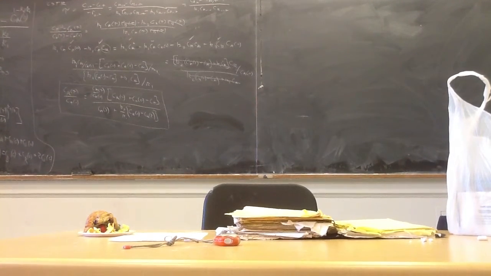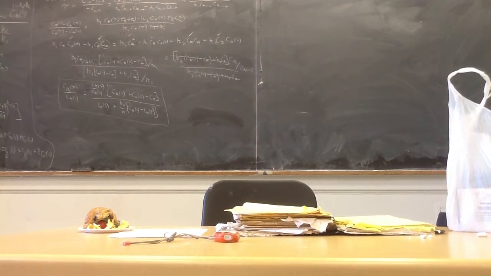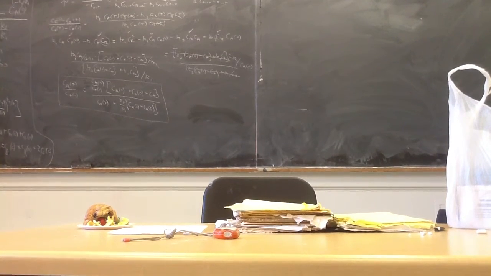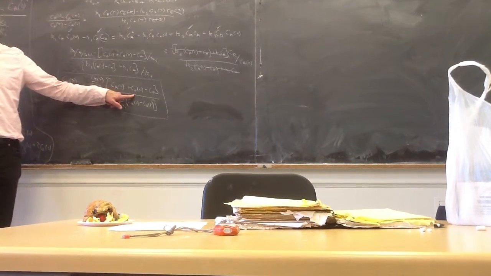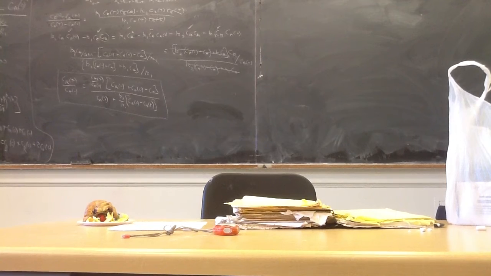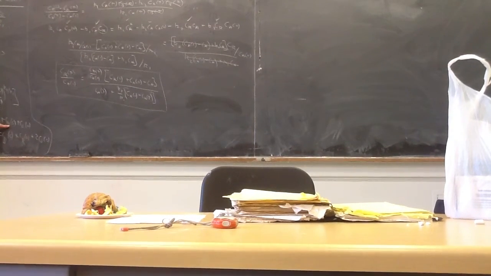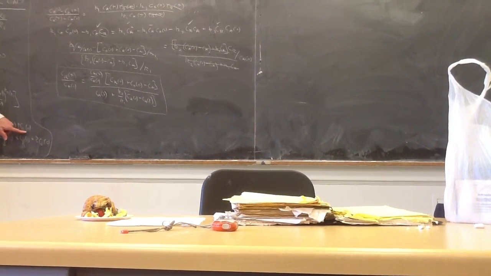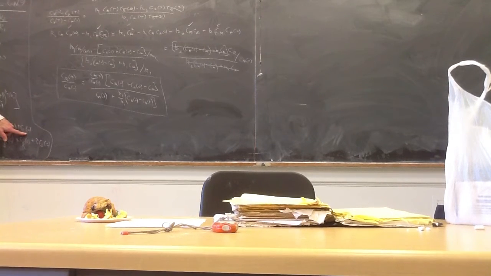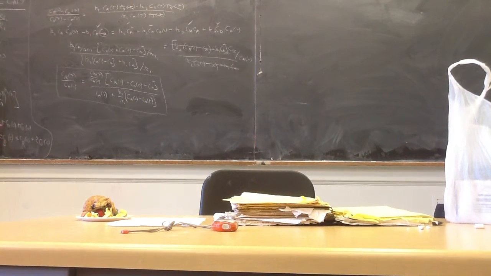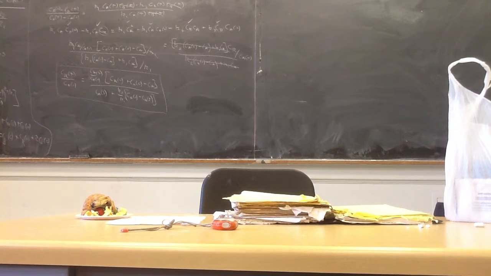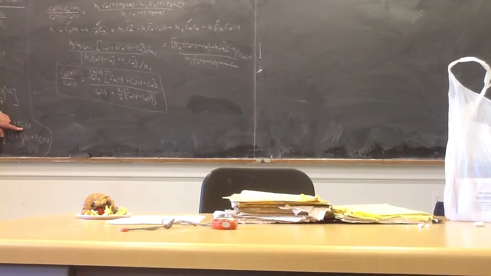Okay. Let's see what I can notice here. One thing you can notice is that CR of 0 plus CA of 0, from this balance here, is the total concentration minus CS of 0 going in. Well, of these three. Or if you like, it's CA plus CR plus CS minus CS of 0. That's not a big deal.